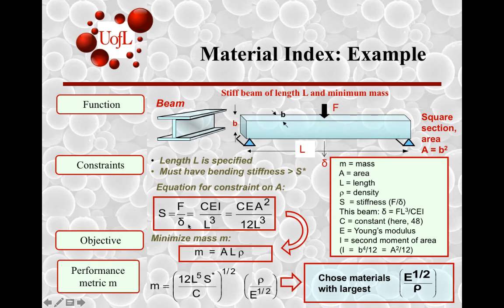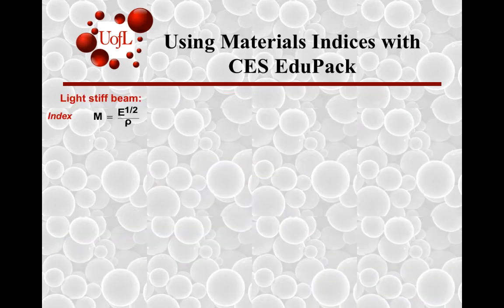Right. To minimize mass, you increase this material index based on E to the power half divided by rho. How do we come up with this? Using EduPack, which will be the focus of the second module. You have E to the power half divided by rho as the material index.